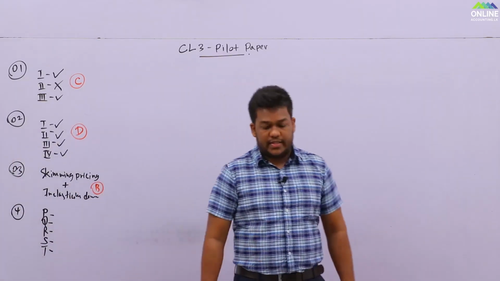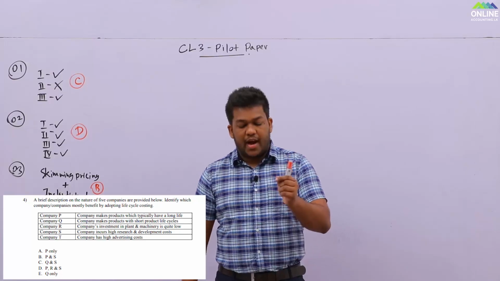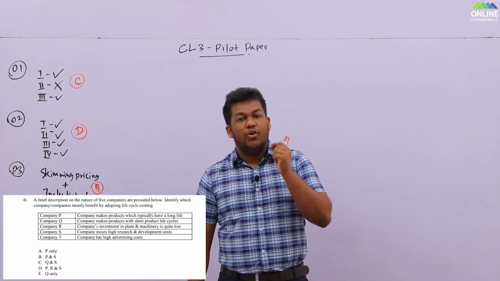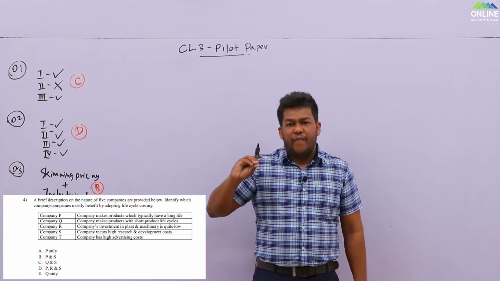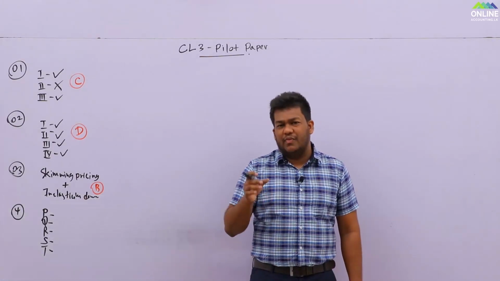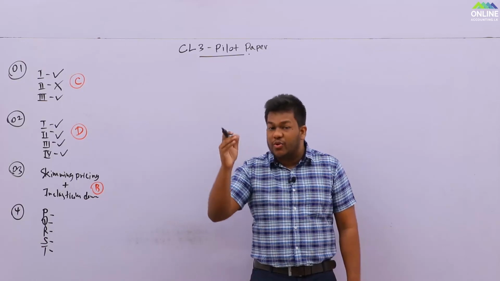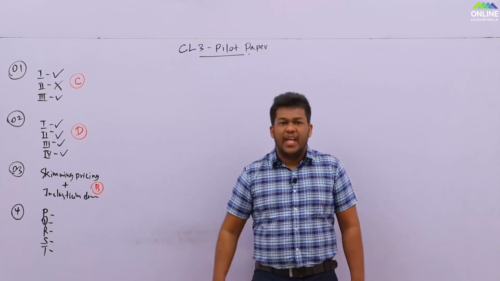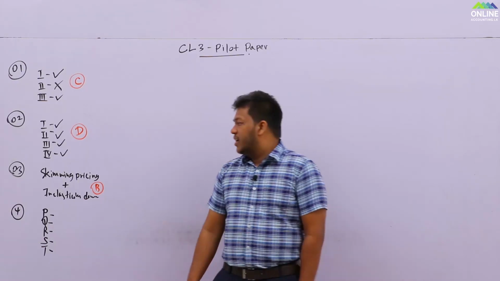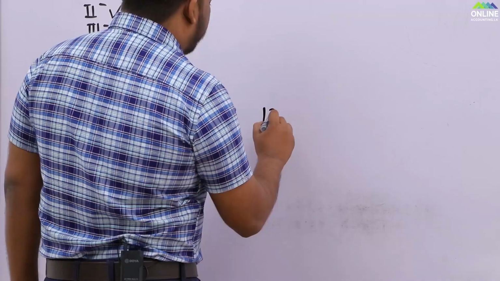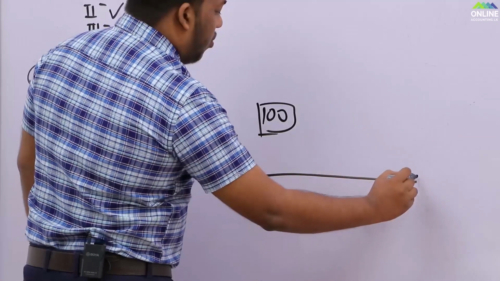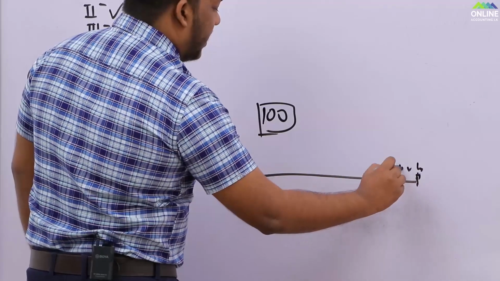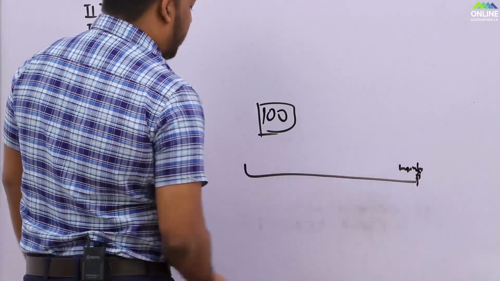P says the company makes products which typically have a long life. When you are having a long life, will it matter when you have different types of cost in different years? No. Why? Let's say you are having a 100-year life cycle. Normally the losses will happen in years 95, 96, 98, right?